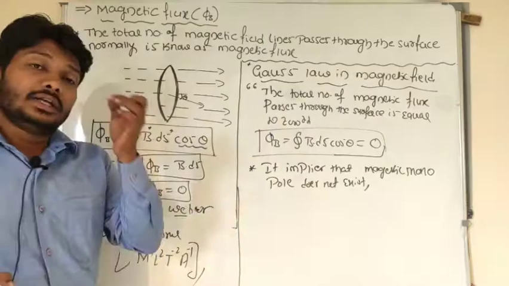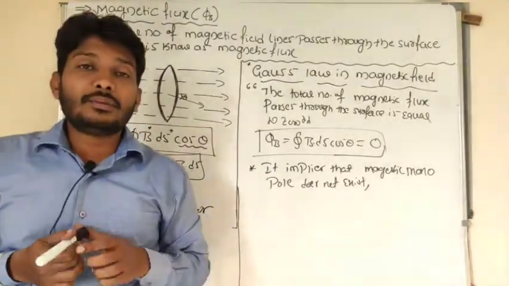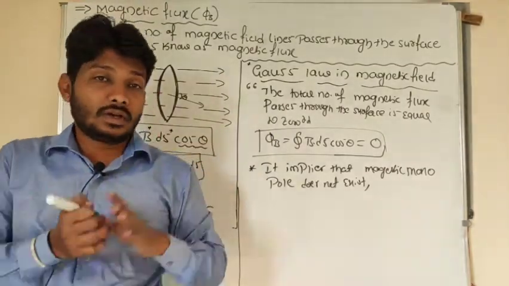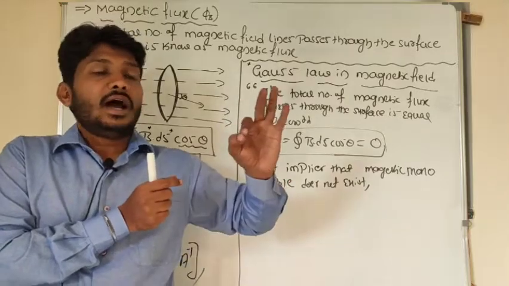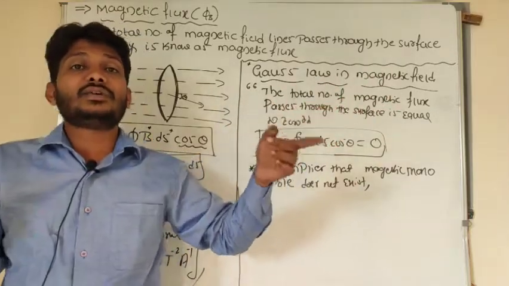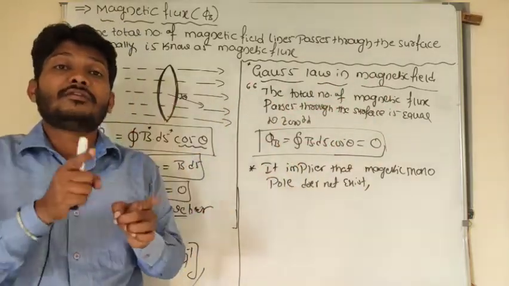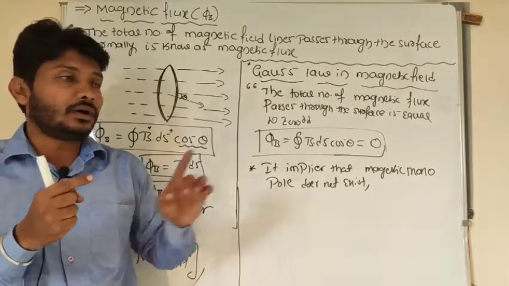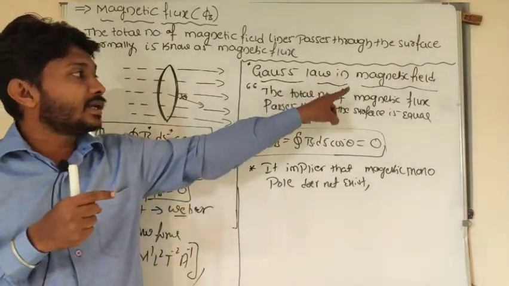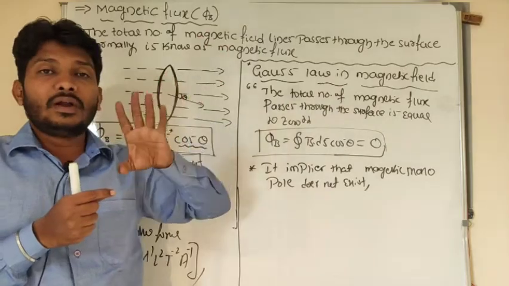Look at here, in case of Gauss law, we come to know that magnetic monopole does not exist. In case of electric field, I can separate positive and negative charge, so I can write phi of E is equal to Q by epsilon naught. But in case of magnetic field, monopole does not exist.